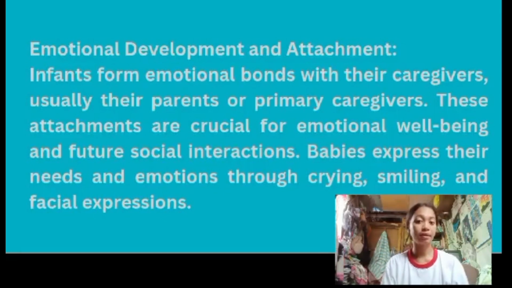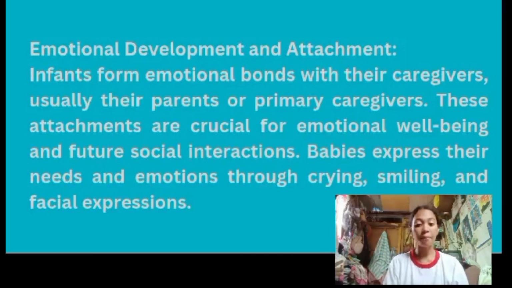Emotional development. Infants form emotional bonds with their caregivers, usually their parents or primary caregivers. These attachments are crucial for emotional well-being and future social interaction. Also, babies express their needs and emotions through crying, smiling, and facial expressions. For example, you are the babysitter of your sister and she starts crying.